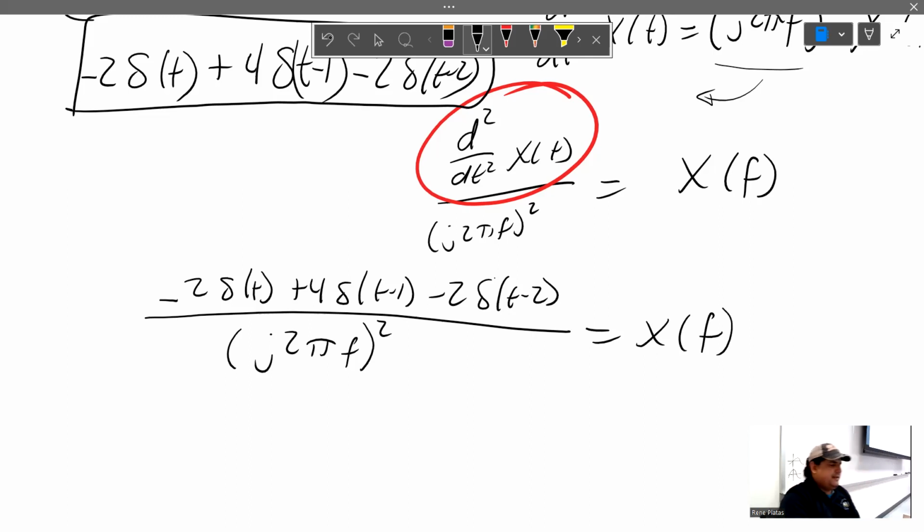Boom. That's the answer. Easy peasy. Now, if you were to simplify it, if you were loaded, this would eventually become, I believe, the sinc function.